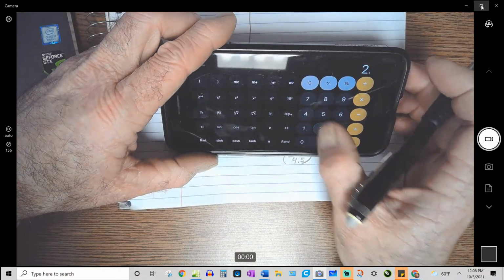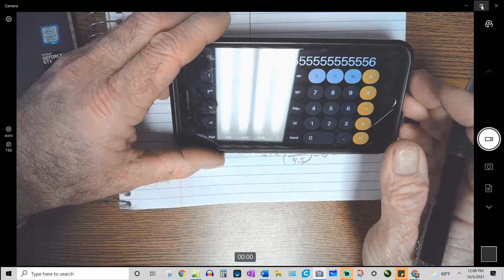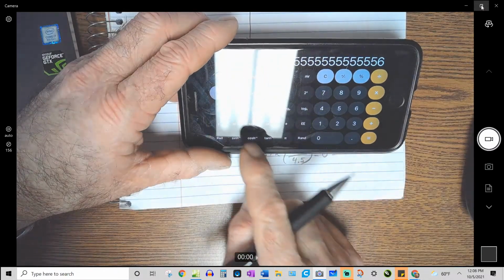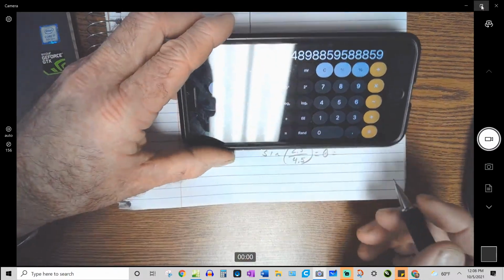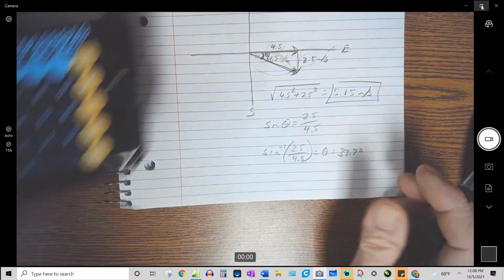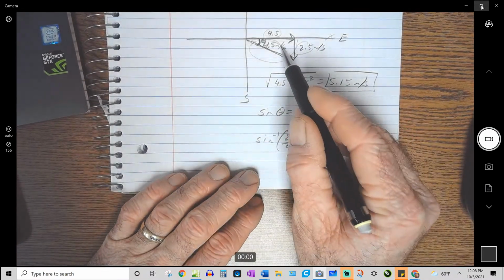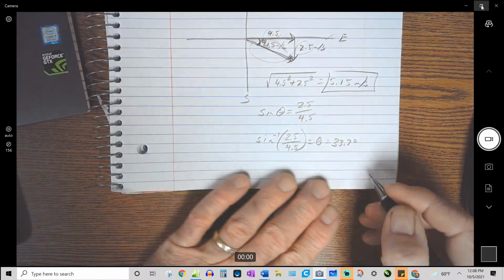So 2.5 divided by 4.5 is that. And then I go to second, inverse sine, 33.7 degrees. And I don't want to stop there. I want to say it's 33.7 degrees south of east.